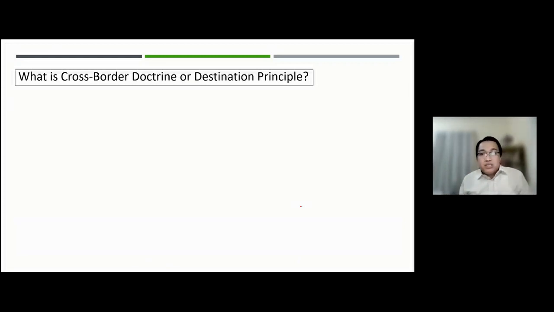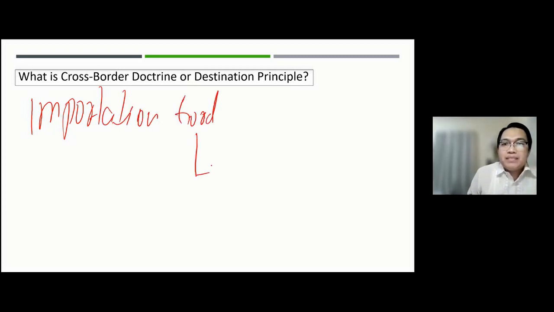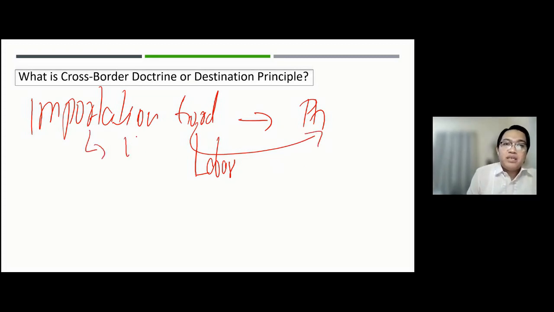But if the goods are destined to be consumed outside the Philippines, then that is not subject to value added tax. Take a look at importation. Ang importation, ang goods galing sa labas ng Pilipinas, papasok ng Pilipinas. So goods are destined to be consumed here in the Philippines. That's why importation is subject to value added tax.